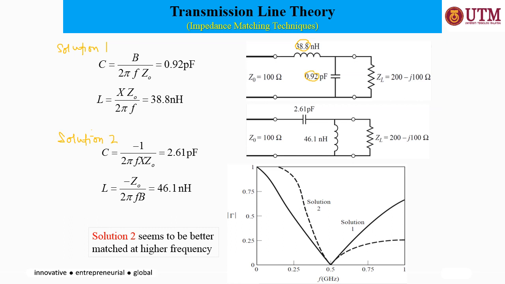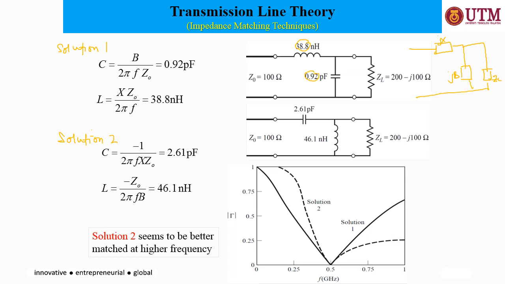So you'll get the C and L in a different configuration, but the same concept. When you have the normalized impedance within the 1 plus jx circle, the configuration will be jx in series, and then the first element jB will be in parallel to the load ZL.